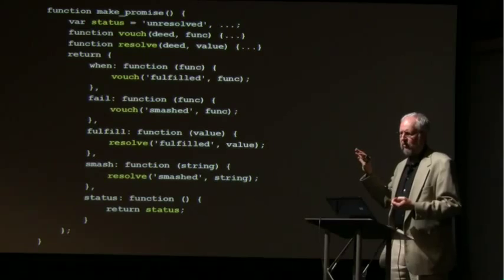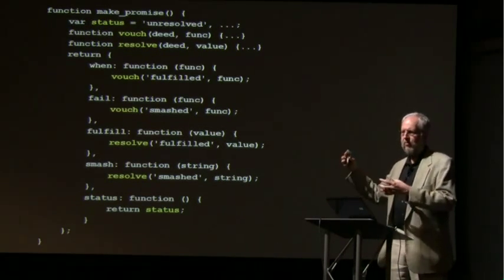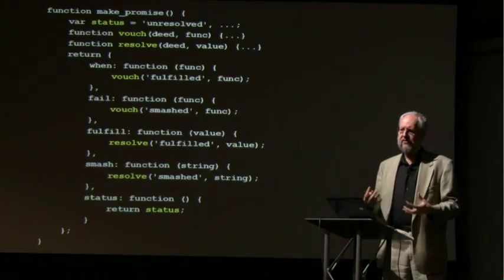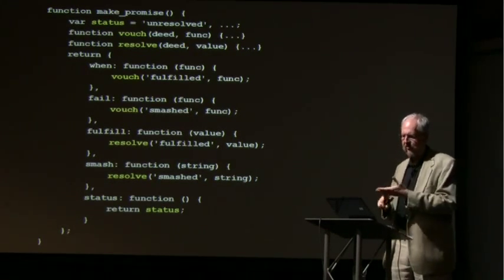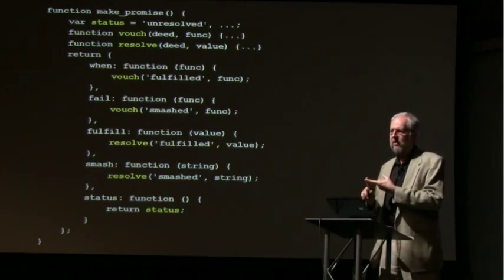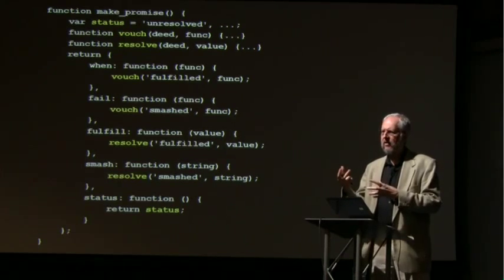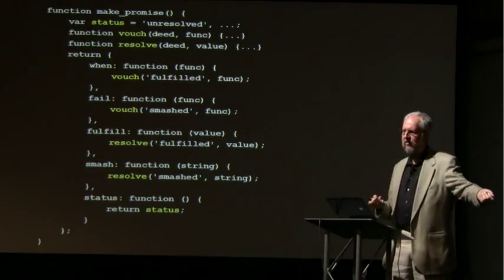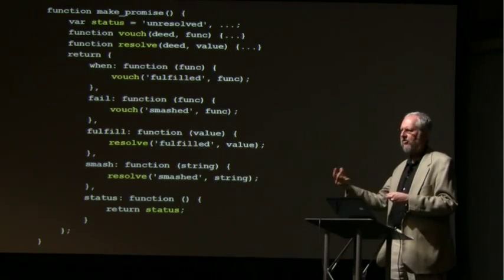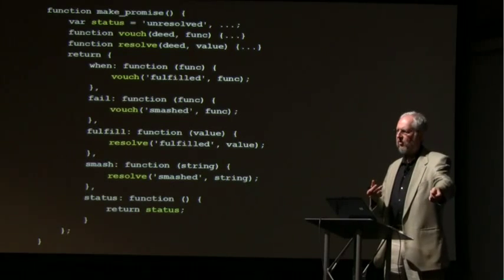Here we're going to implement a promise maker. And the promise maker will return a set of 5 functions: when, fail, fulfill, smash, and status. It doesn't care, you could pass any one or any fraction of these functions to someone else. So for example, you might have a service and I want to return something to you immediately.